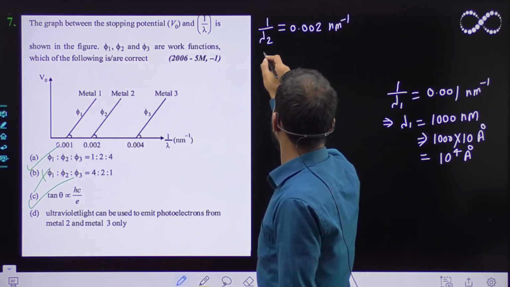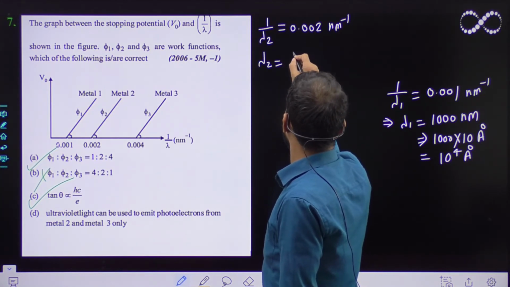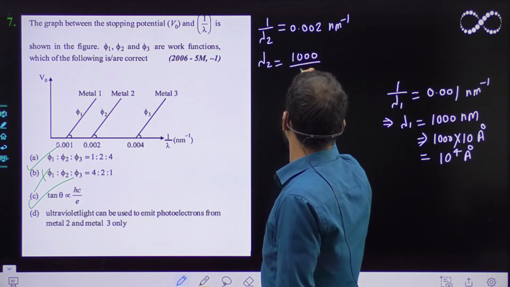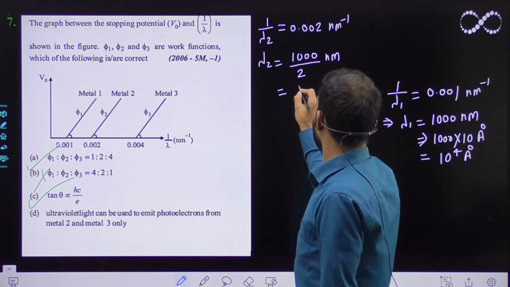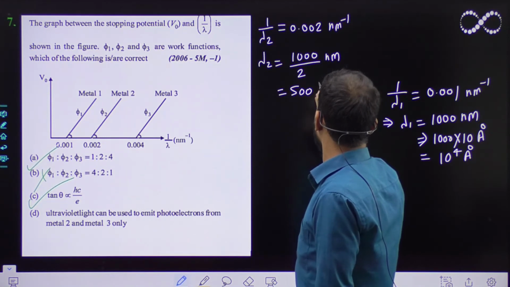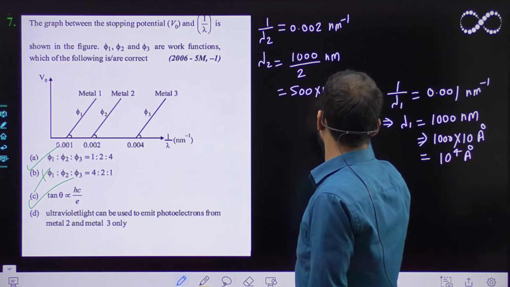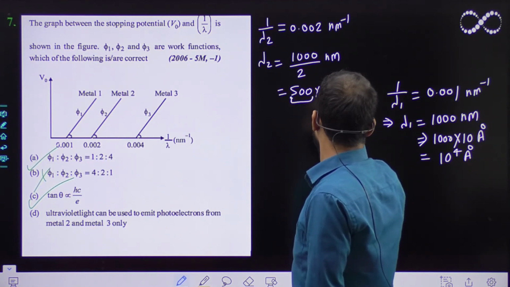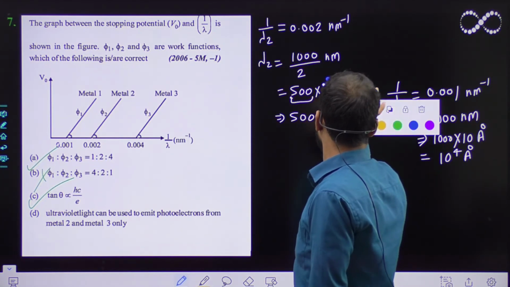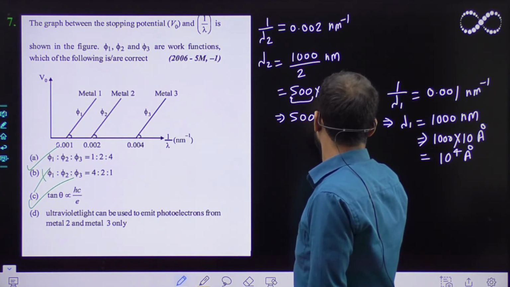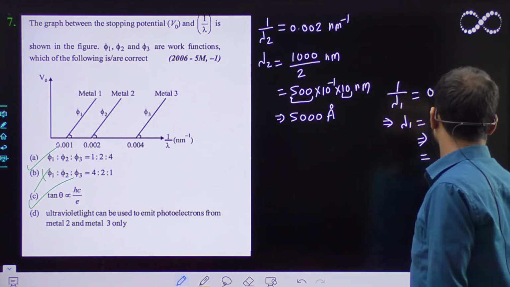If I take the reciprocal on both sides, lambda 2 will be equal to 1000 upon 2 nanometer, which is 500 nanometer. Multiplying by 10 gives 5000 angstrom. So I got lambda 2, and lambda 1 I got earlier.